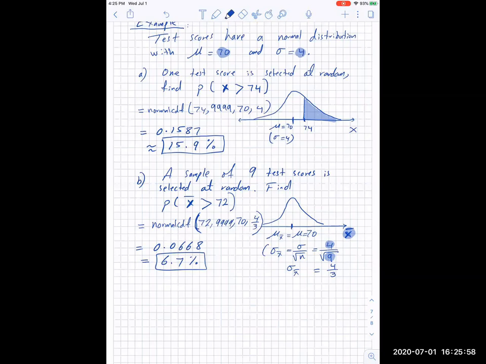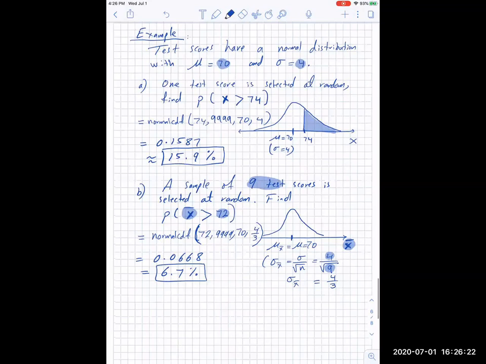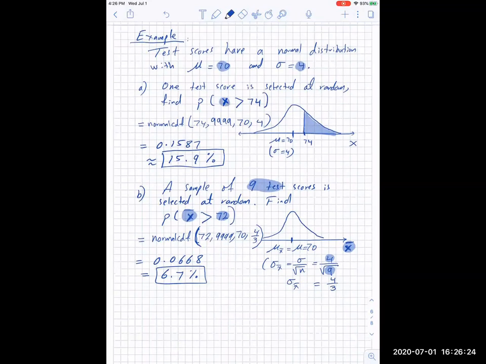So guys, notice here, when we talk about a sample mean, what is the chance that the sample mean, or the average of these 9 test scores, is greater than 72? It is 6.7%. In the first part, we're talking about a single test score, just one X value.